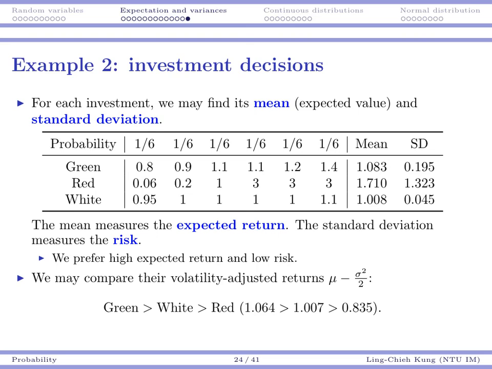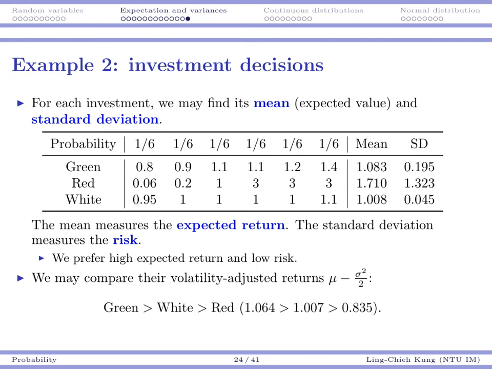So we prefer mean to be high, but we also prefer standard deviation to be low. Most projects either have high expected return but also high risk, or the other way. So in that case, we may want to find a way to do some trade-off.